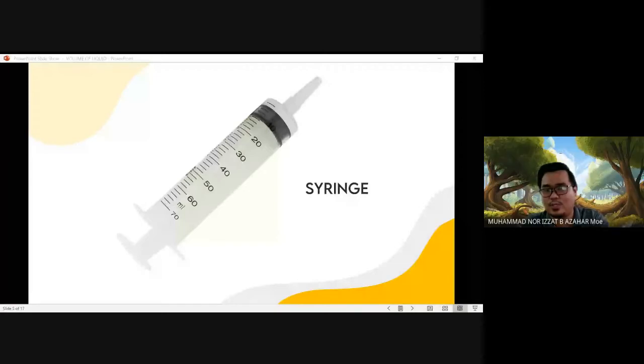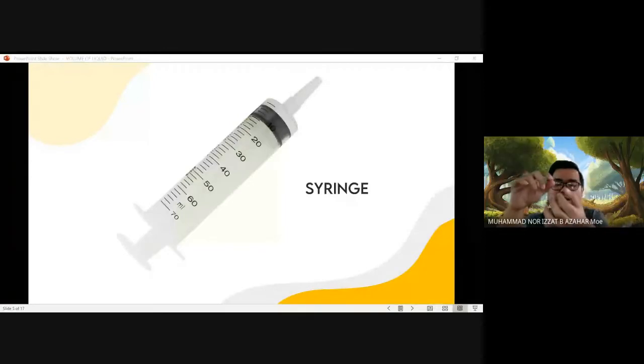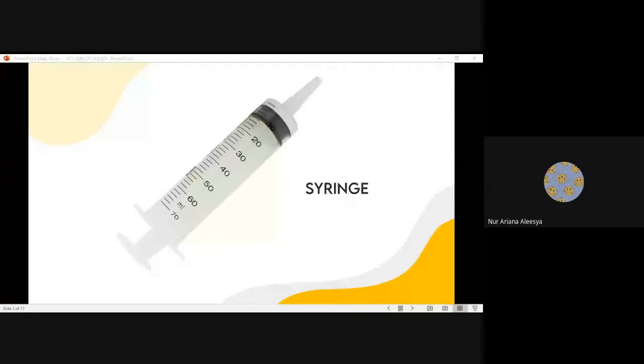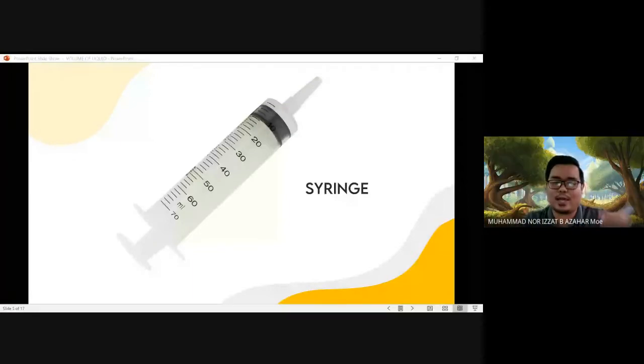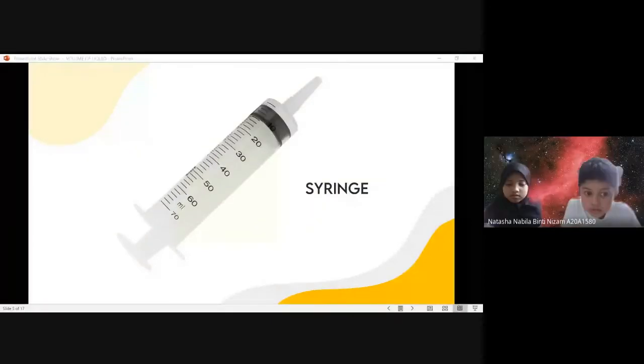Tapi dia tumpul je, dia plastik. Kalau yang cucuk tu macam mana ubat daripada dalam cucuk tu boleh masuk dalam tangan? Kalau yang cucuk tu kecil sangat. Kalau macam air tu, macam kita macam straw. Okay, macam straw. Air masuk macam straw macam mana? We suck it in. Same like this, we pull at the back. Tarik yang belakang ni, ubat akan masuk ke depan.